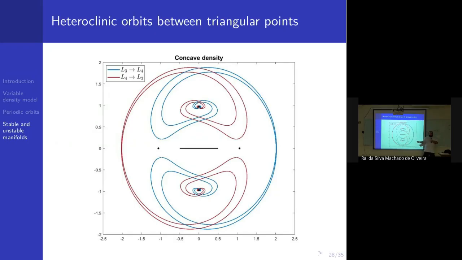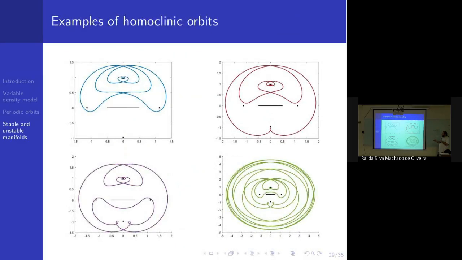So it's faster to compute heteroclinic orbits, and you can compute all of them. But here, the method is more complicated because you have to exploit the symmetry with respect to the y-axis. But this orbit, since it is spiraling around this point, crosses the y-axis infinitely many times. So sometimes you get all the homoclinic orbits, sometimes not.